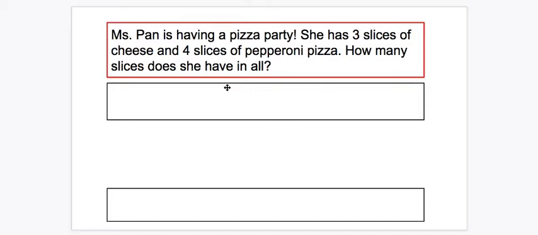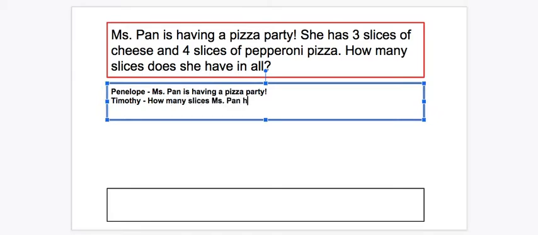All right, so what is happening in this problem? When I was in group, Penelope told me that Miss Pan is having a pizza party. That's why she has all this pizza. Timothy told me that we are trying to figure out how many slices Miss Pan has all together.